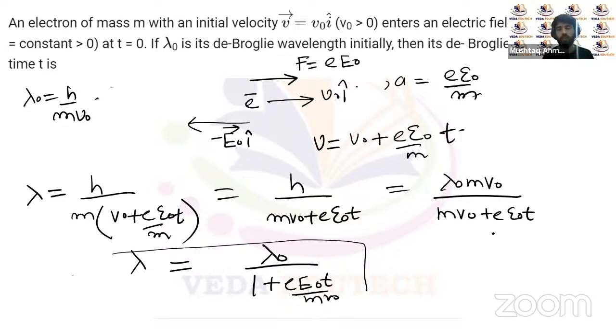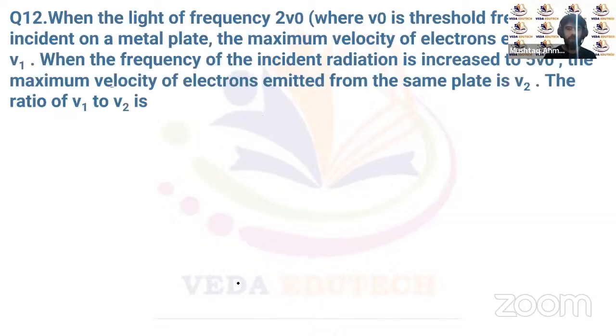This is how we can calculate the de Broglie wavelength when an electron or any particle is accelerated because of an external force.